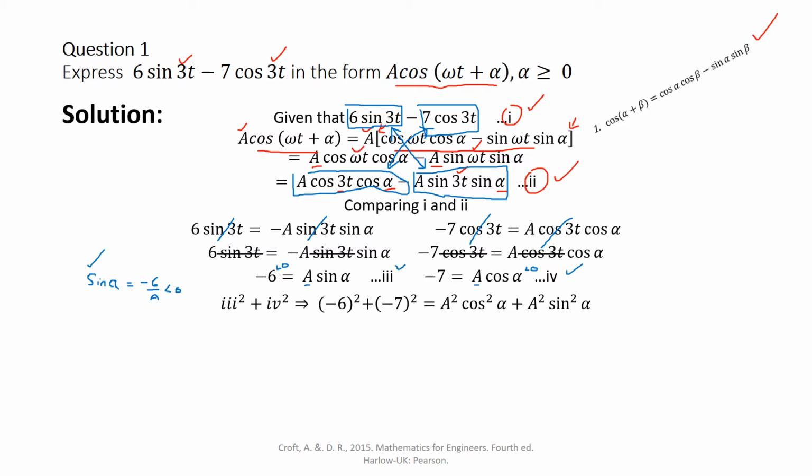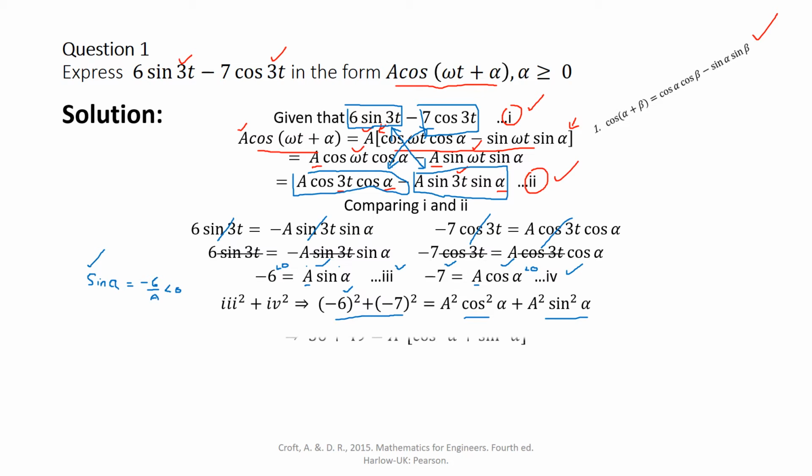If we take the square of the left sides, minus 6 and minus 7, and then take the square of the right sides of the third and fourth equations, the square of A will be A squared, and the square of sine alpha, and you can write them anywhere because it's plus.